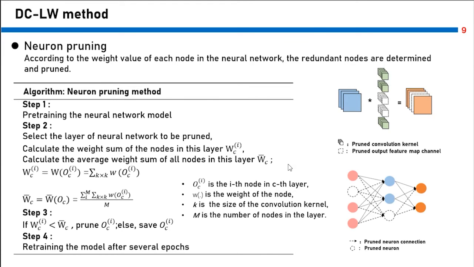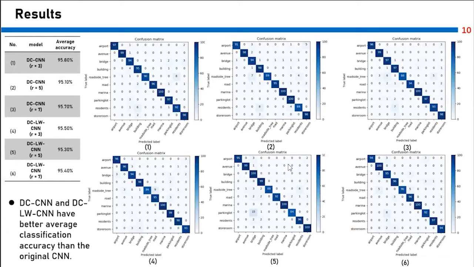The computation metrics of DCCNs and DCLWCNs are shown in the figure. The average accuracy rates of different DCCNs are 95.0%, 95.10% and 95.70% respectively.